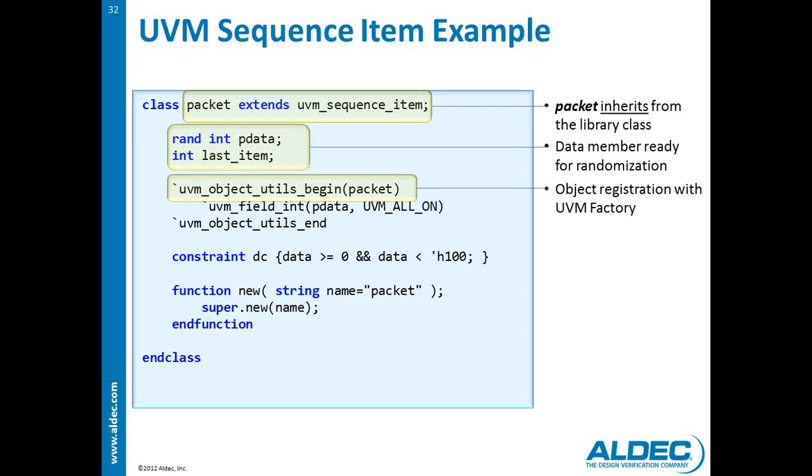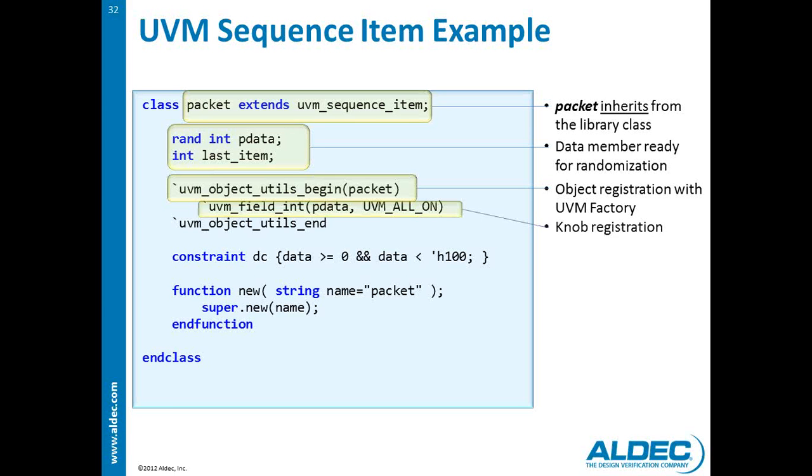Then we've got object registration with UVM Factory. So if something directly inherits from object, it can be registered using UVM object utils. If it directly inherits from components, it will be UVM component utils. If you want to match registration of the object in the factory with knob registration, it can be done exactly as you see it here.